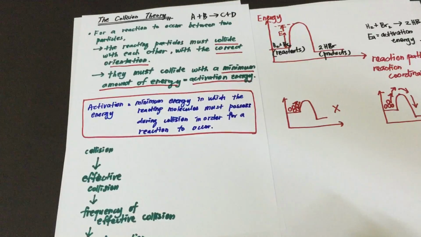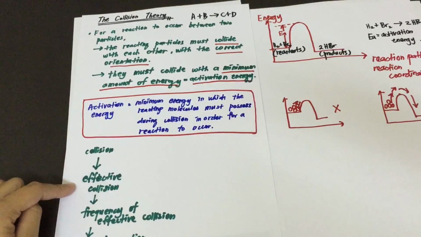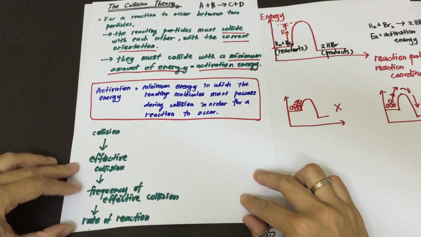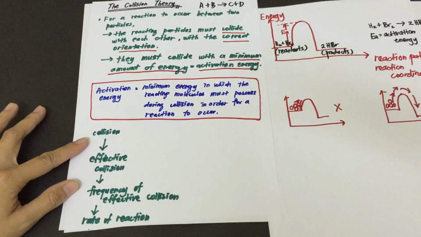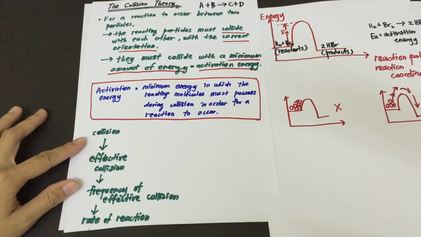So in order to explain collision theory in relation to different questions on factors affecting the rate of reaction, one has to know a few important keywords stated over here. As we mentioned just now, for a reaction to be successful, collision must happen.